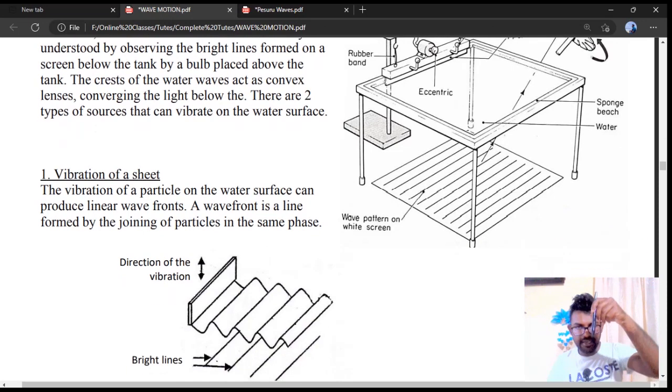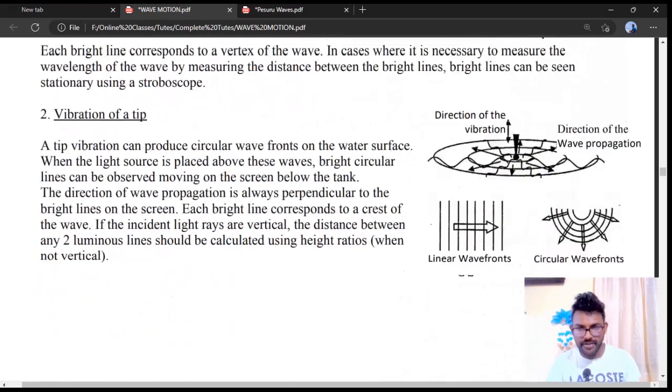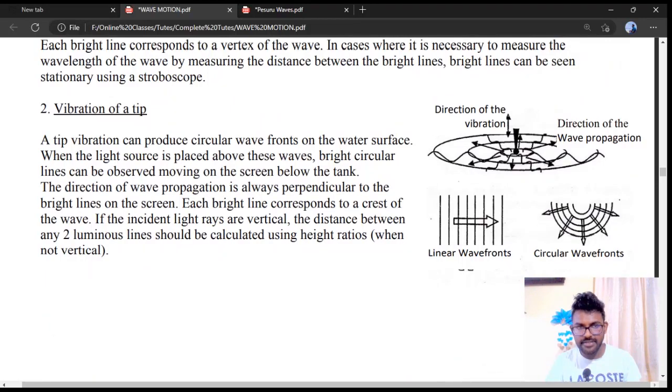You can just have a single tip that is going up and down. Then that will construct circular wavefronts like this. This will create a circular wavefront, spreading out from the middle point, from the source.